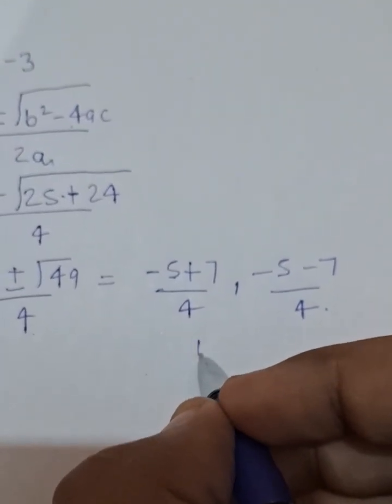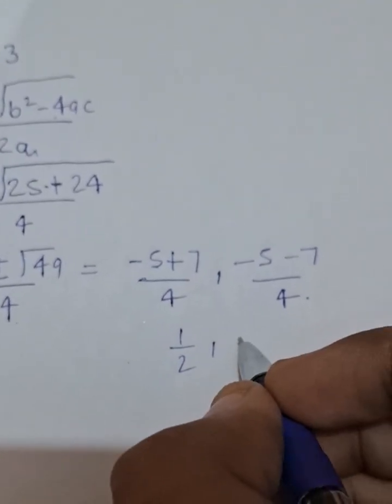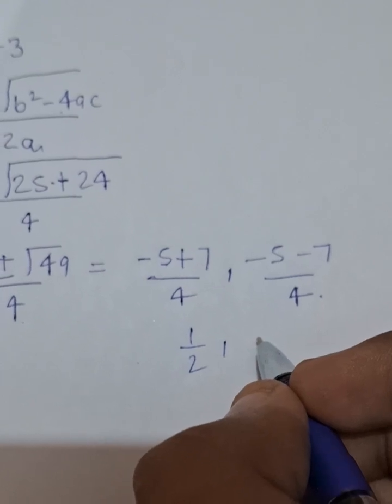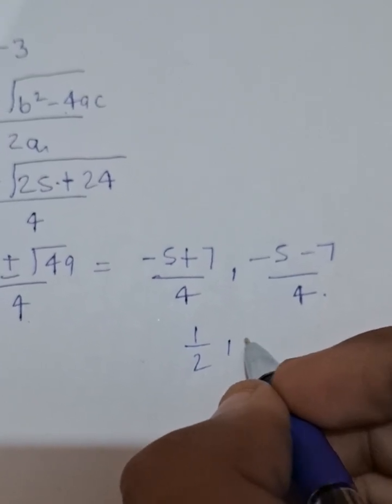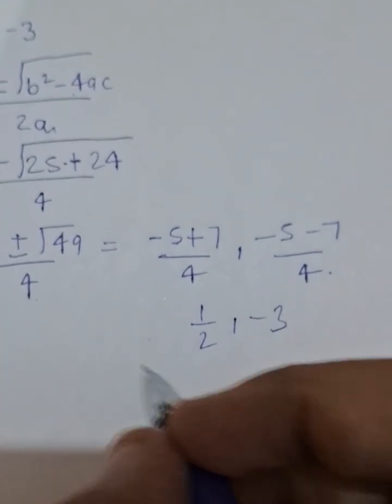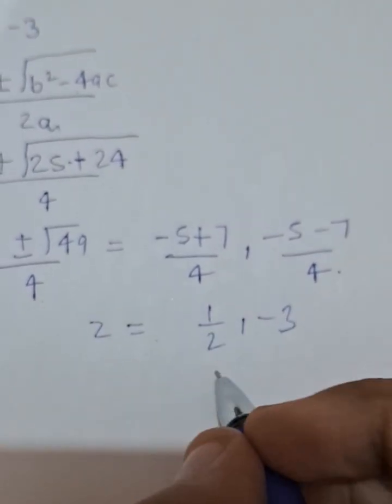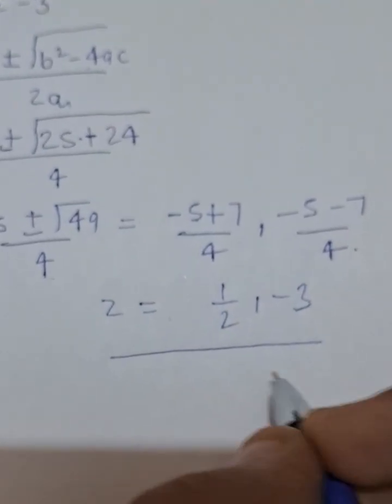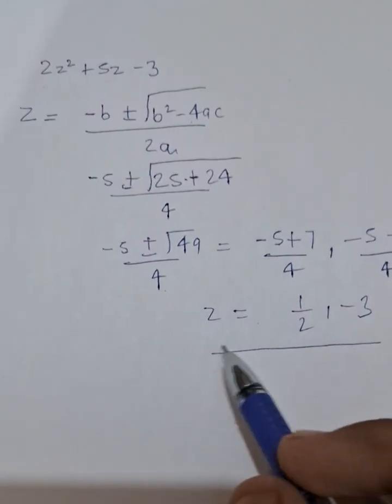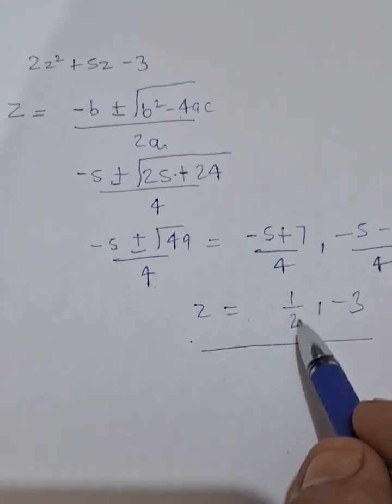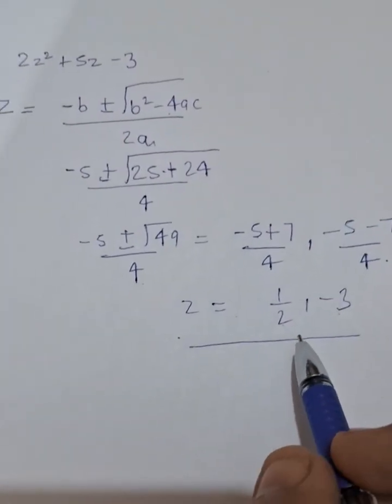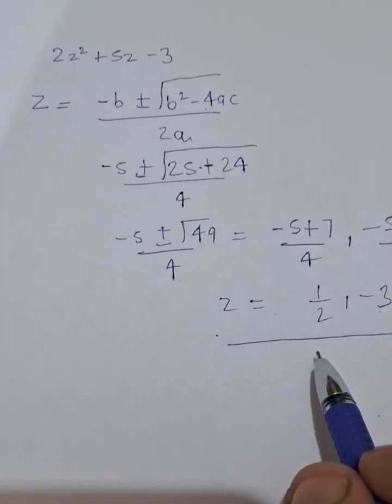So one value is 1 upon 2 and the other value is minus 12 upon 4, that is minus 3. So these are the two z values, which are also the points of singularity. After finding the singularity points, that is 1 upon 2 and minus 3, we will analyze the contour.